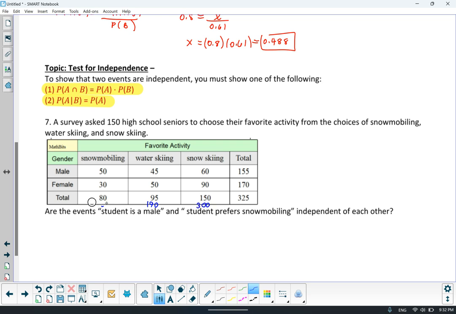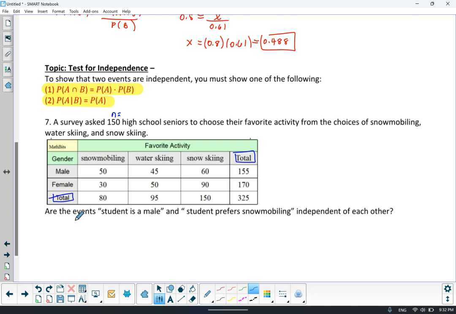Oh, actually, I almost made a big mistake. They gave me the row totals and column totals, so always be on the lookout. Okay, a survey asked 150 students, so that's our grand total, whether their favorite activity was water skiing, snow skiing, or snowmobiling.